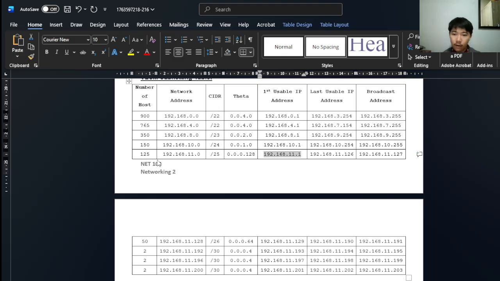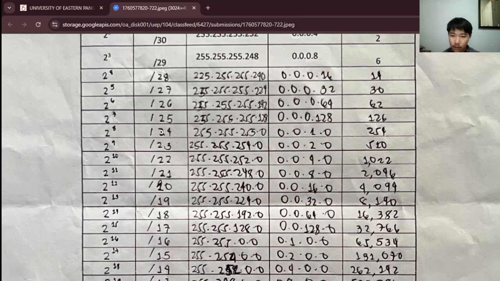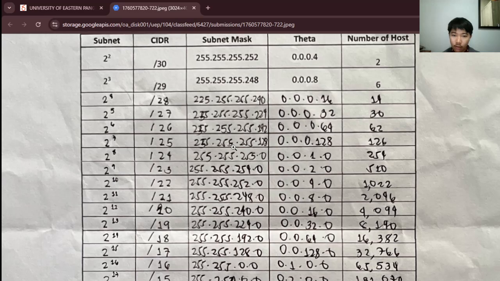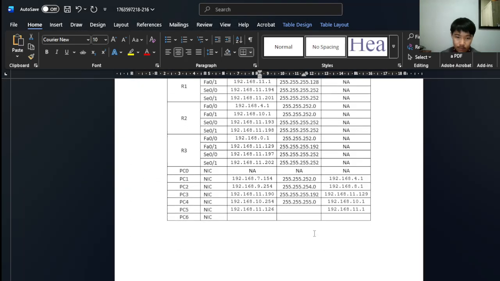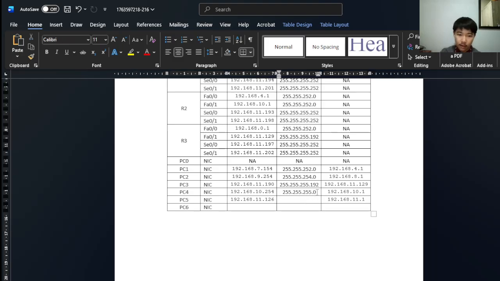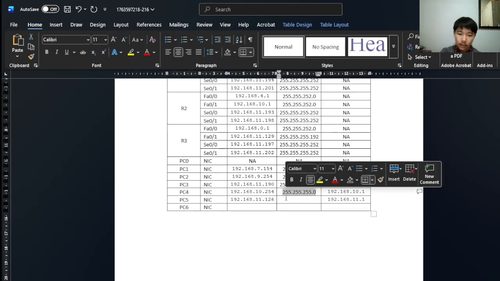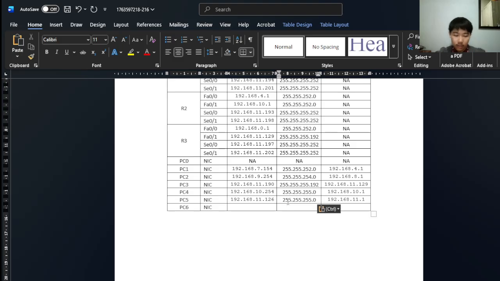The CIDR for 125 hosts is 25. CIDR 25, so 255.255.255.128 is the subnet mask. Okay, let's copy this one and just change it to 128.